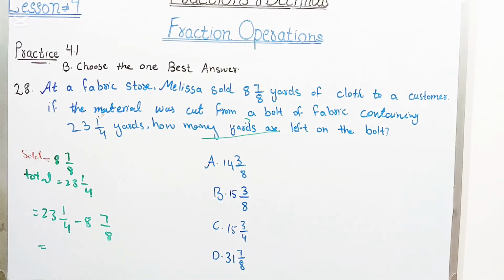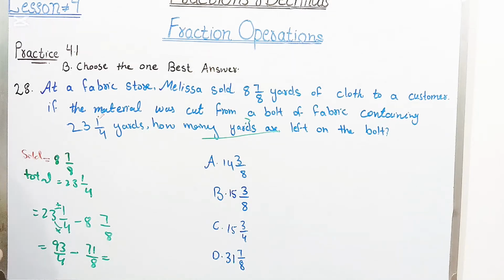So we multiply and then we add. 23 multiplied by 4 plus 1, 93 over 4, minus 71 over 8.